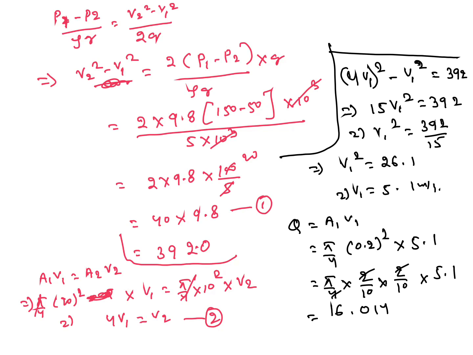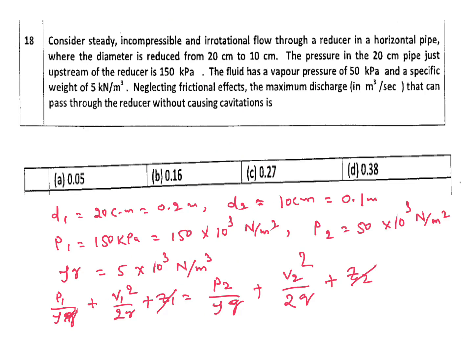So Q equal to 0.16 meter cube per second. So from the options, 0.16 meter cube per second, B is our answer.